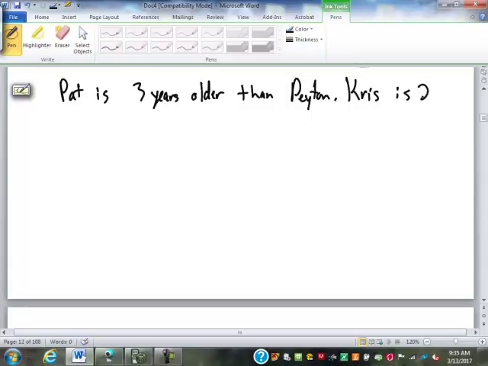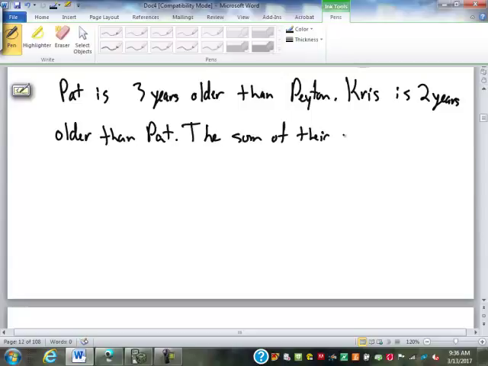Chris is 2 years older than Pat. The sum of their ages is 41. Find the age of each.